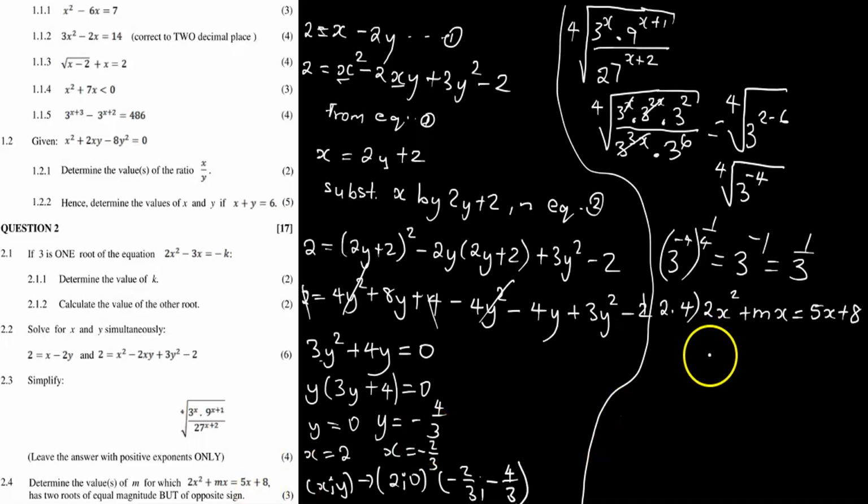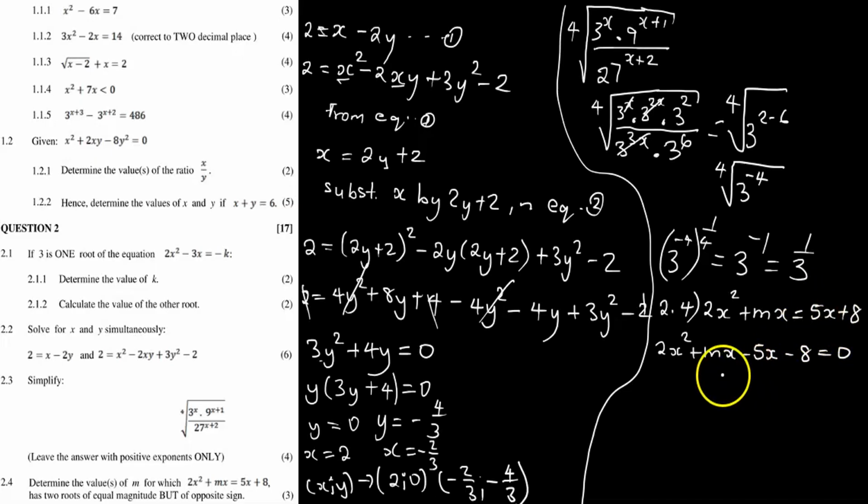You know that is a difference between two squares. So we actually have 2x squared plus mx minus 5x minus 8 equals 0.